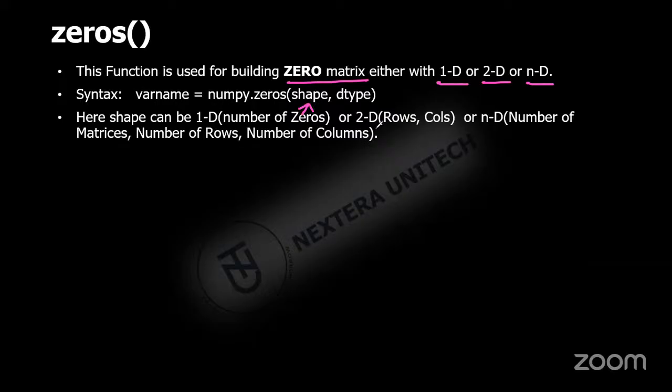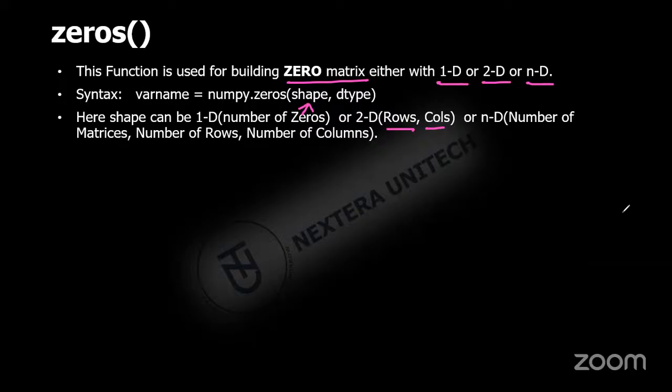If it is a two-dimension matrix you want, then you have to specify rows and columns as input for shape. If it is a three-dimension array, you have to specify the number of matrices, number of rows, and number of columns. In this way, you specify all the dimensions for the shape.